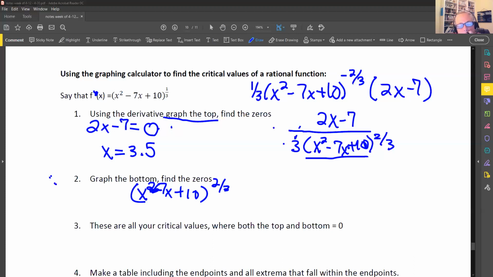So you can graph the bottom and figure out where the bottom equals 0.